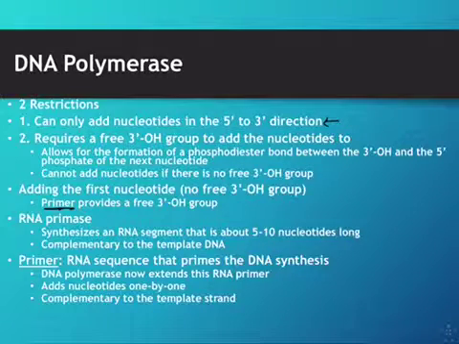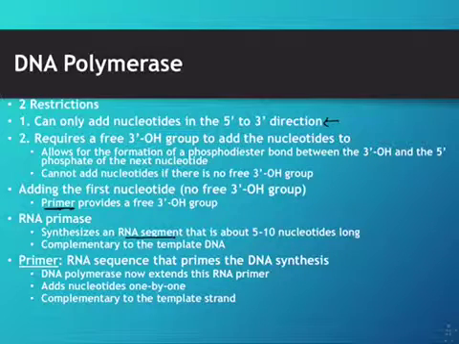So what happens is RNA primase is going to come in, and it's going to make a strand of RNA that's going to attach to the DNA, about 5 to 10 nucleotides long. This is going to serve as a complementary template to the template DNA.